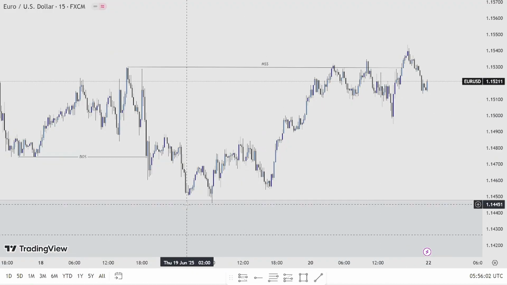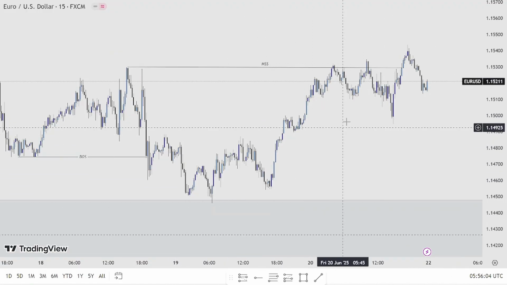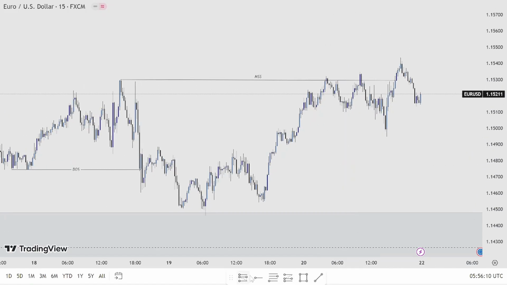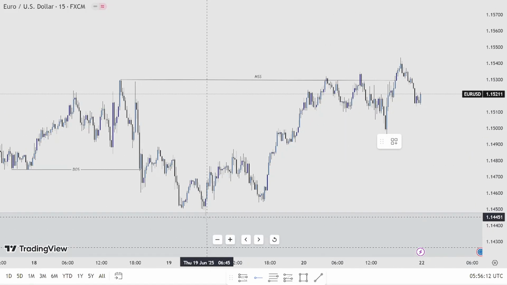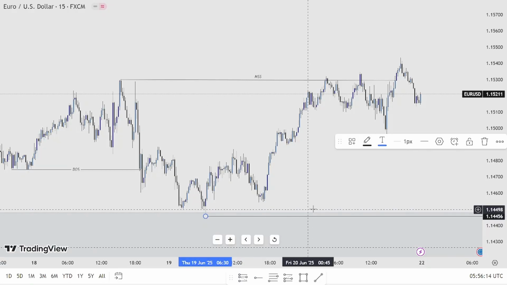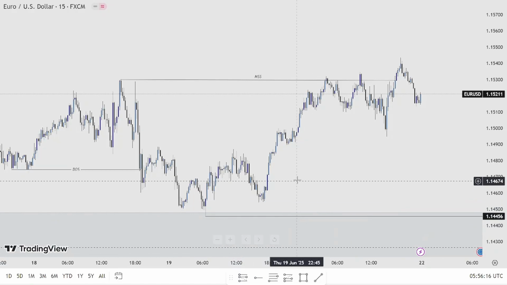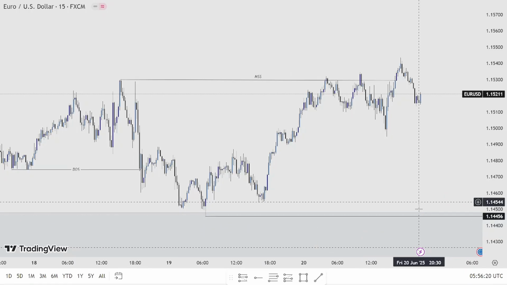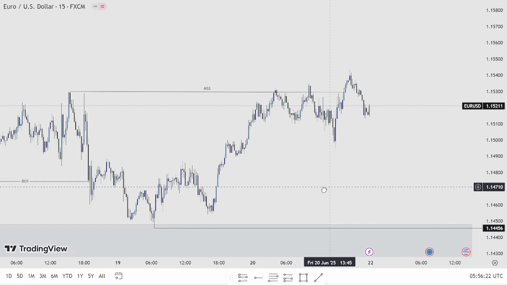This shows that the market is turning now, getting bullish. So we mark this as our last wall, our last wall.